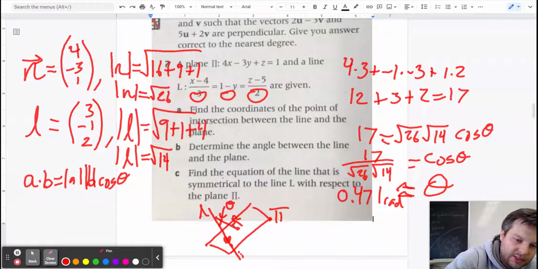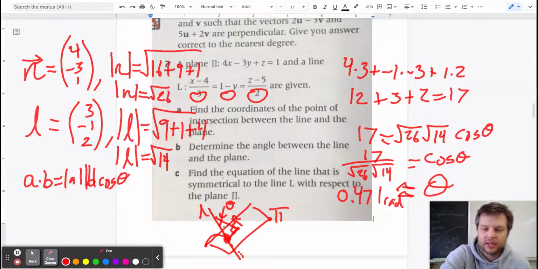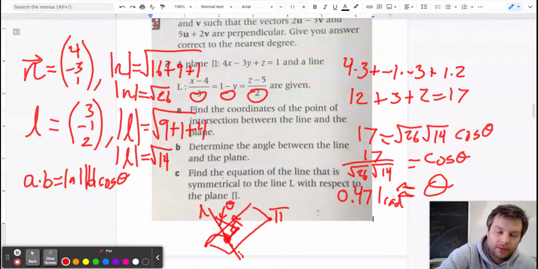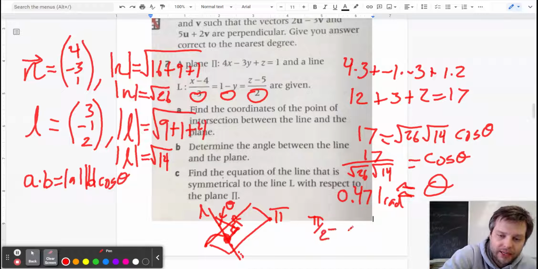And because this is a normal vector, we can draw our little right triangle, and we know that the angle that we actually care about is complementary to that. So if I was using degrees, I would just do 90 degrees minus the angle I just got. Because I'm in radian mode, I want pi over 2 minus 0.471.